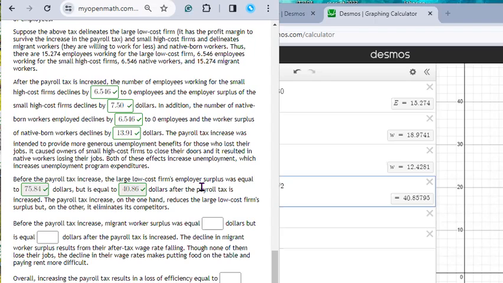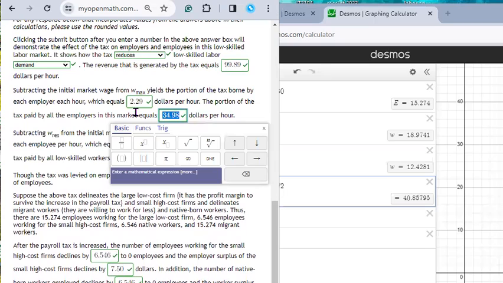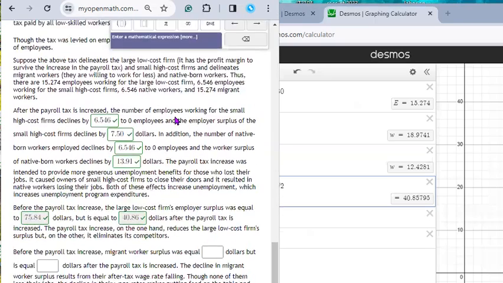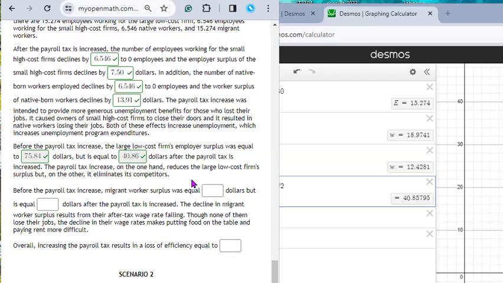So the payroll tax increase, on the one hand, reduces the low-cost firm's surplus, but on the other, it eliminates its competitors. So the low-cost firm is now in this labor market by themselves. Now they're the only company that hires labor from the labor market. So this policy has reduced their firm surplus by the tax burden, but it means they don't have to compete anymore for labor in this labor market because it eliminates its competitors.